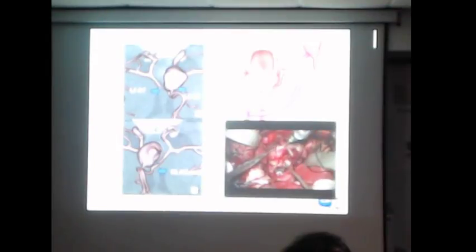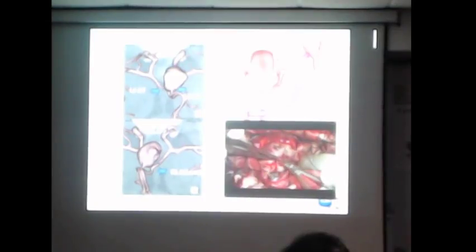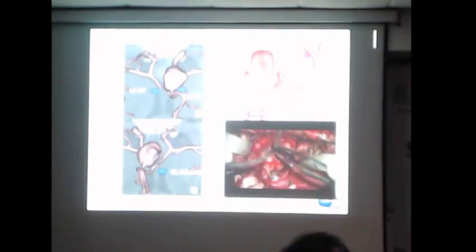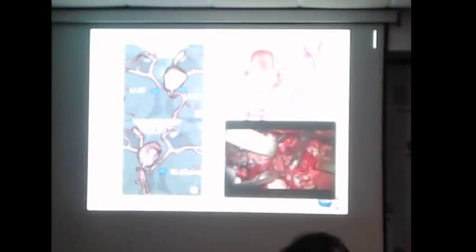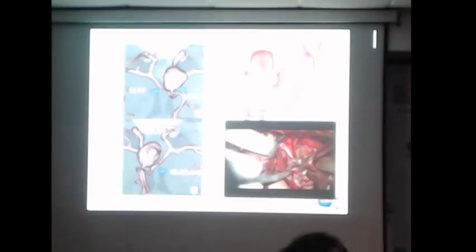So that makes it trapped, and then cut the aneurysm. The old clot inside is removed as much as possible, and finally the temporary clip is replaced with the permanent clip, a Sugita clip.